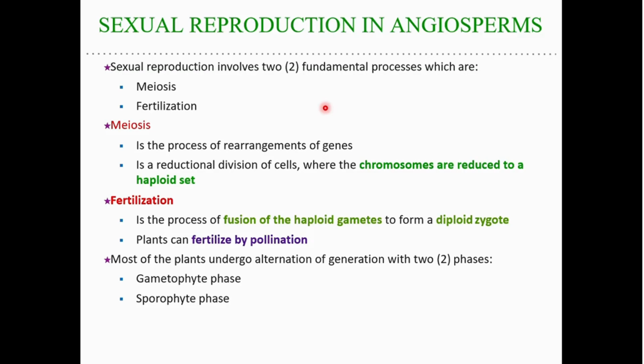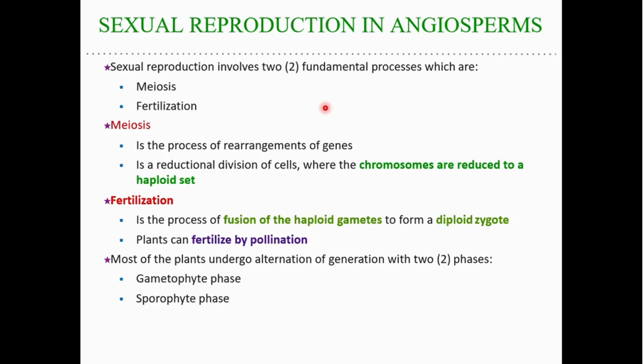In this division, the chromosomes are reduced to a haploid set, becoming N, only a single copy. In fertilization, the haploid gametes fuse to form a diploid zygote, 2N, a complete copy of the genes. Plants can be fertilized by pollination, for example, pollination by bees or birds.